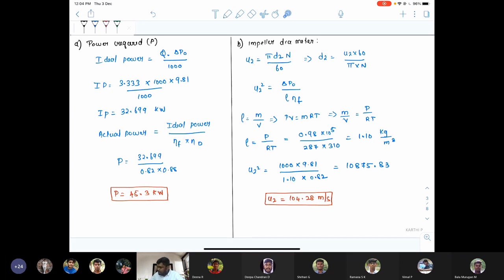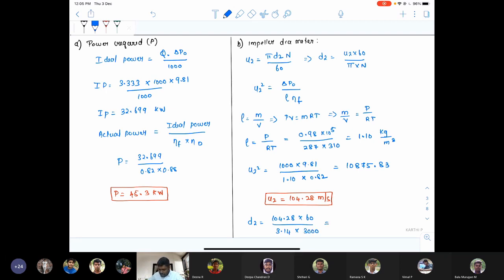Now substituting the value of U2 in this equation, you can get the value of D2. Therefore D2 is equal to U2, which is 104.28, into 60 divided by 3.14 into the value of n, which is 3000.